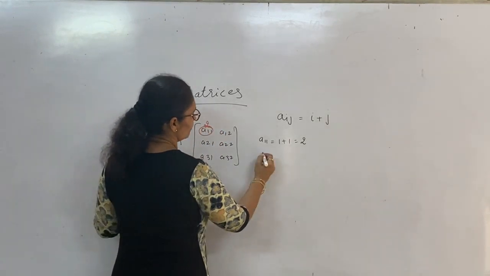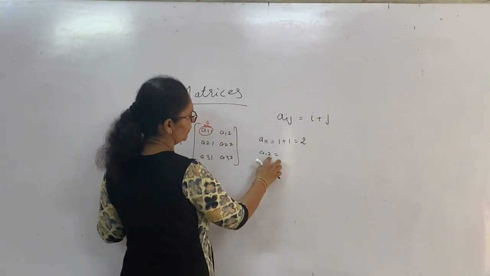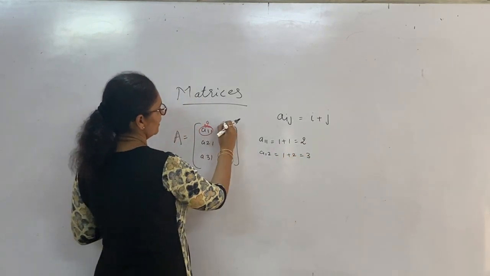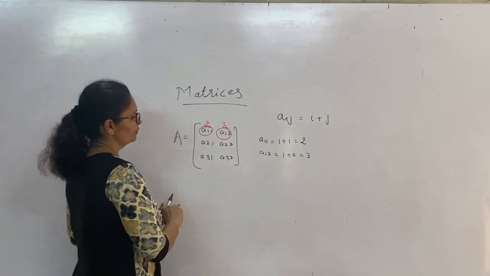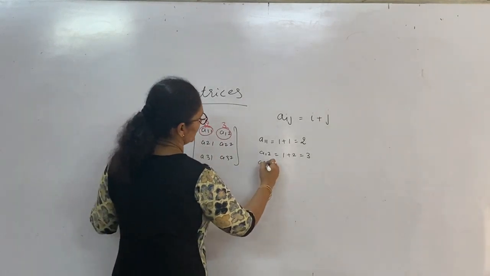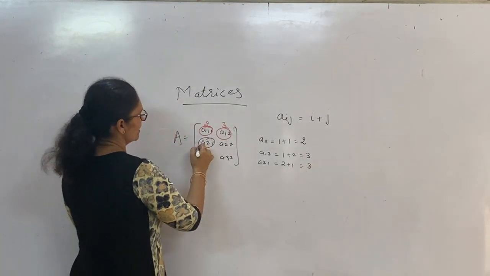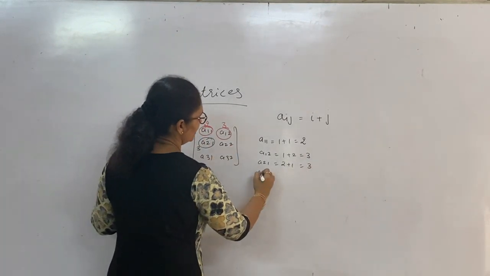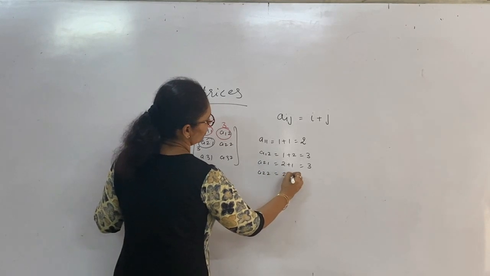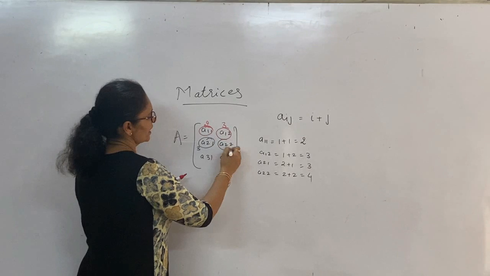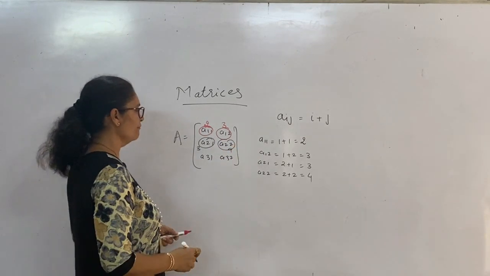Now A12. So how can you find A12? 1 plus 2. That will be 3. So your second element will be 3. Now 2, 1. So 2 plus 1, that is again 3. So this element is 3. Again next is 2, 2. So 2 plus 2 again will be 4. So this element will be 4.